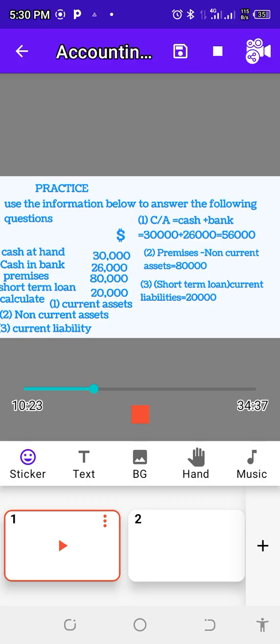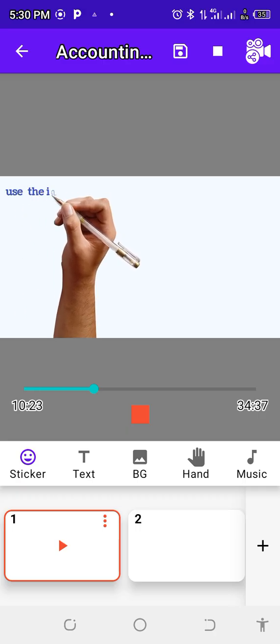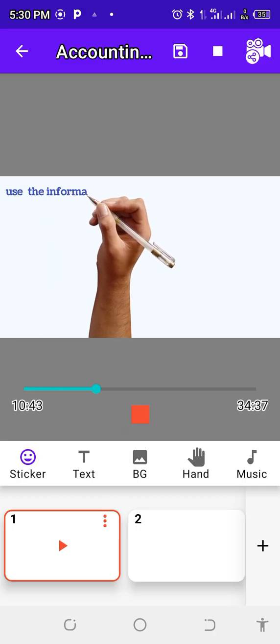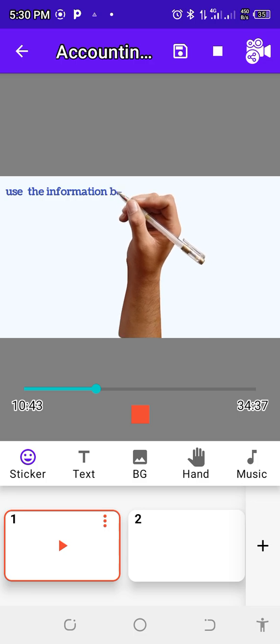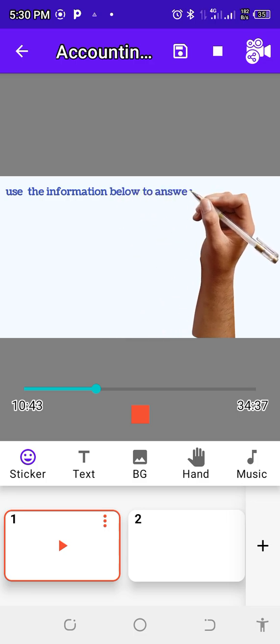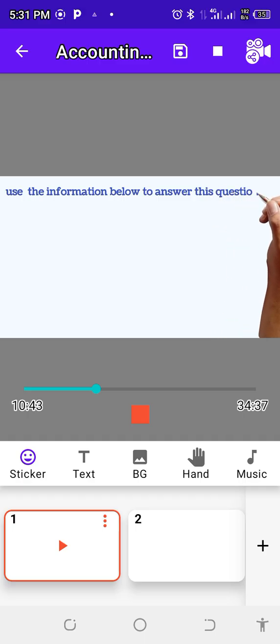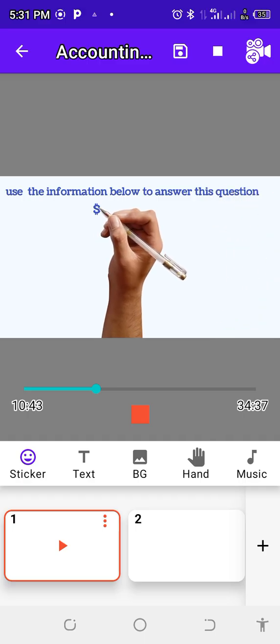You need to know the components of the accounting equation. Assets, what are they? Liability, what are their components? Intangible asset, what are they? Then wasting asset, what are they? So anywhere you see them, you recognize them and you know where to fit each of them.